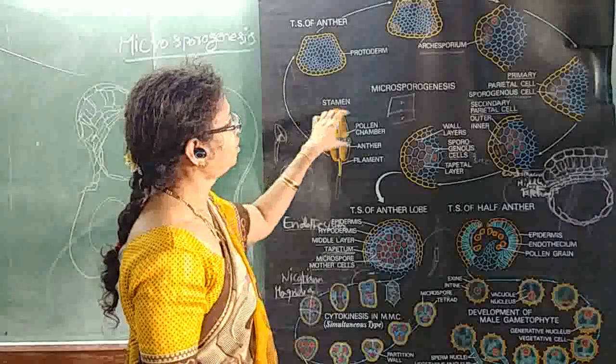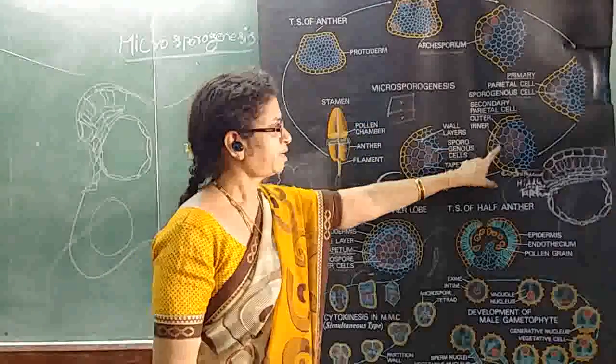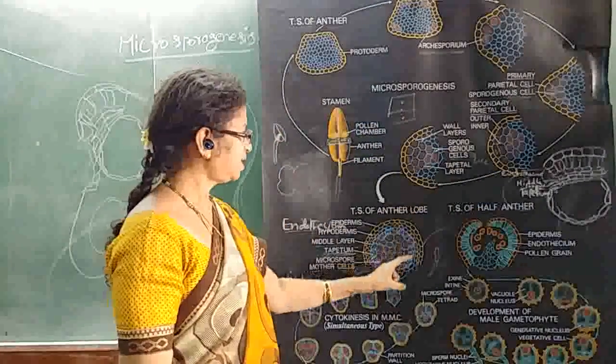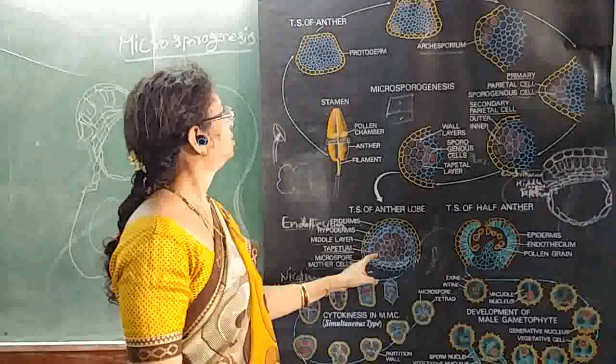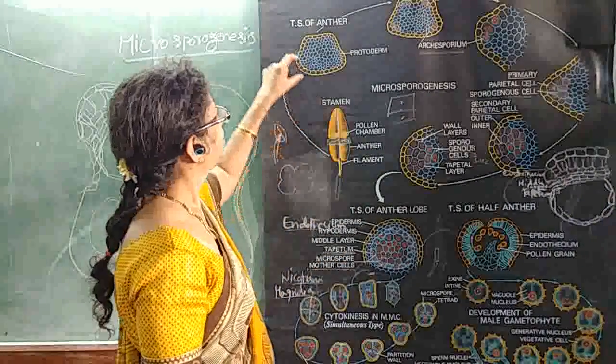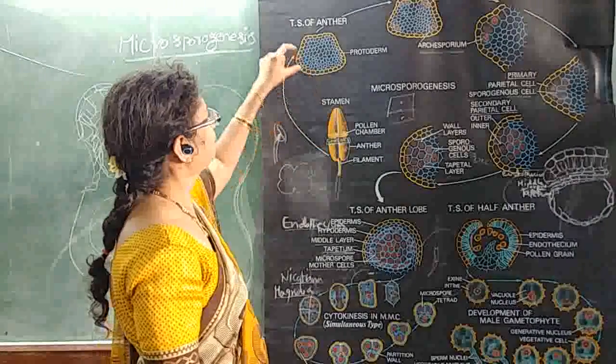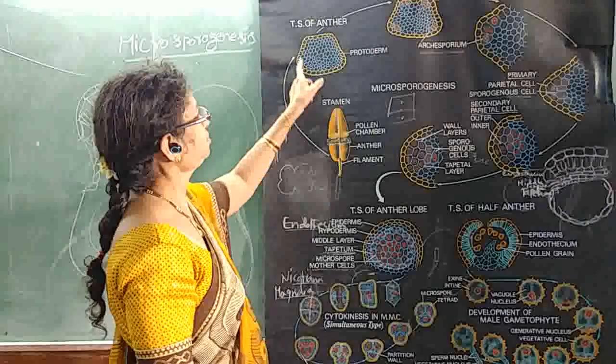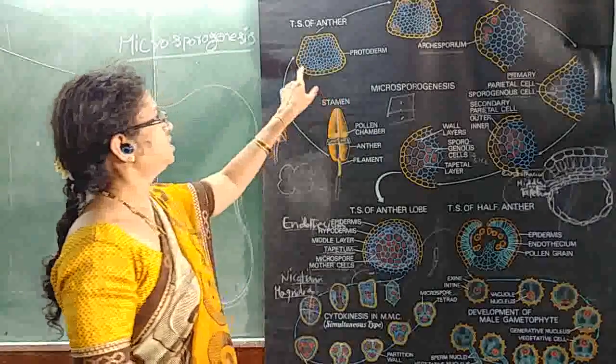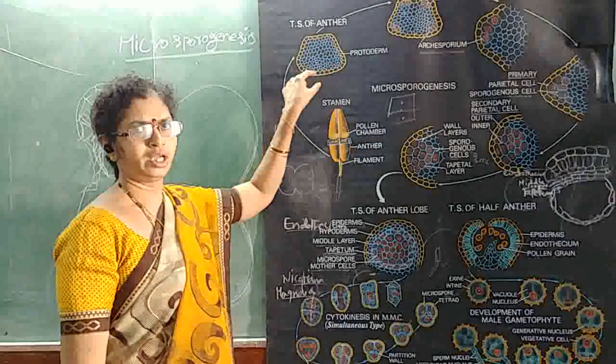So how are these microspores formed inside the anther lobe? Before we start with the structure of anther, the anther is formed like this. Starting, there is a single epidermis, outer layer.